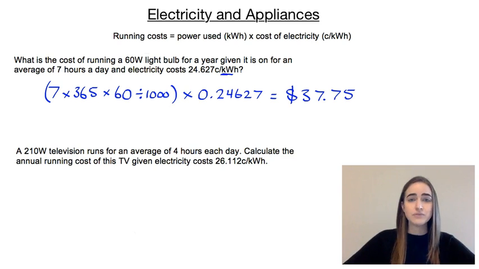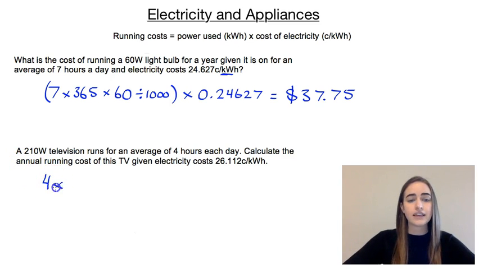Our second example tells us that a 210-watt television runs for an average of 4 hours per day. It asks us to calculate the annual running cost of the TV, given that electricity costs 26.112 cents per kilowatt hour. So we've got very similar steps. We know it's running for 4 hours a day, and we're looking for the annual running cost.